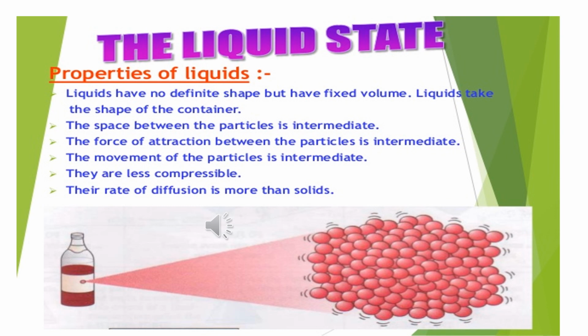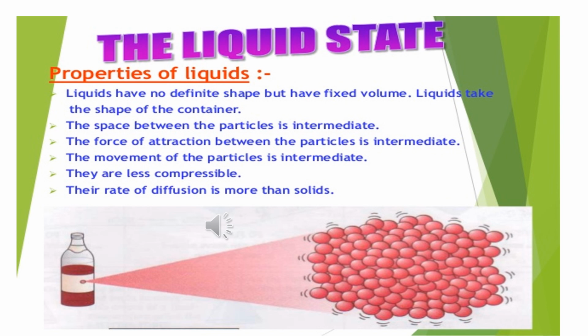The second state of matter is the liquid state. Let us now study the properties of liquid. Liquids do not have fixed shape, but they do have fixed volume. For example, if I have 100 ml of water in a beaker, and I transfer this 100 ml of water into a glass, the volume of water will remain same, but water will take the shape of the glass in which I have poured it.